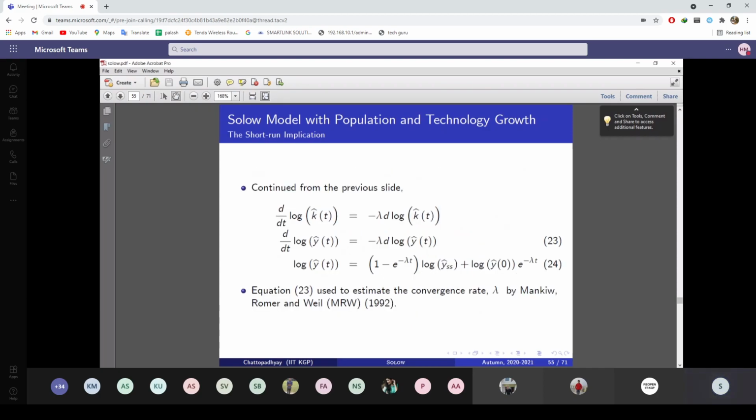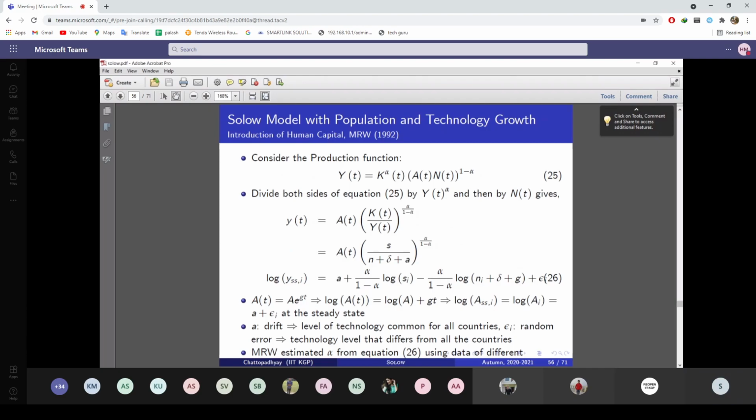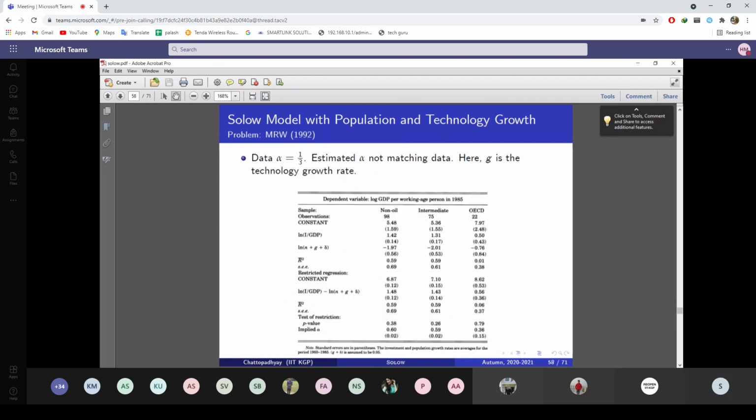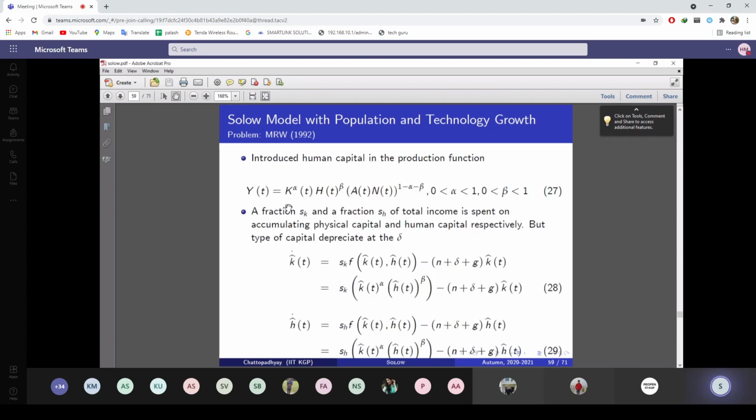And for that, what they have done is pretty simple, and I'll just briefly mention it over here. They introduced this kind of production function: Y_t equals K_t to the power alpha, H to the power beta, (A_t N_t) whole to the power 1 minus alpha minus beta. This H_t is basically your human capital.